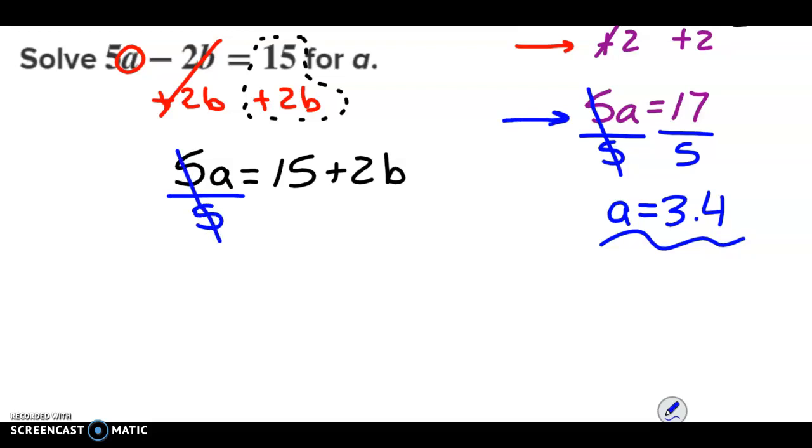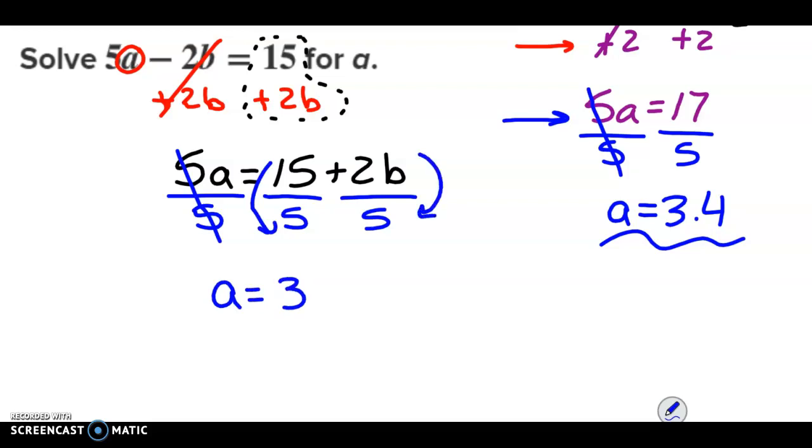Where you have to make sure that we're carrying this out correctly is dividing everything on the other side by 5. The entire equation has to be divided by 5. So I've got a all by itself. 15 divided by 5 is going to give me 3. And then that 2b over 5 can't be simplified any further. It's just going to be 2/5 b.